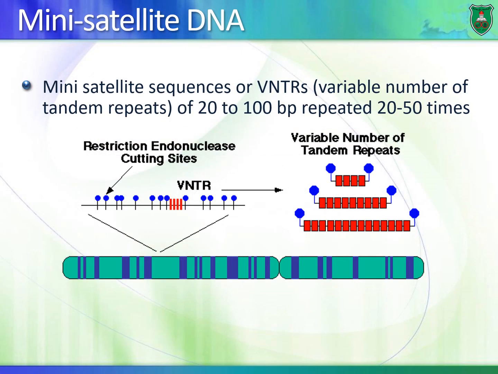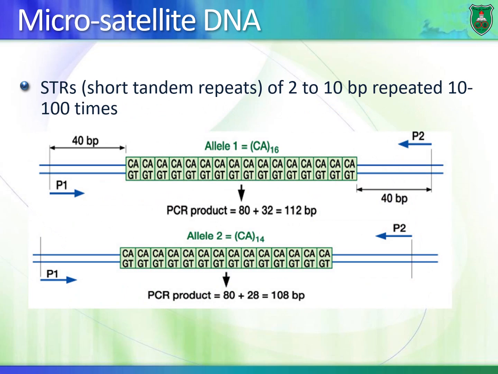So minisatellites, or VNTRs, each repeat contains about 20 to 100 base pairs, and it can be repeated 20 to 50 times. On the other hand, microsatellites are repeated 10 to 100 times, and they have this size, 2 to 10 base pairs.